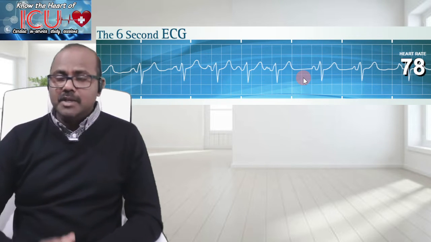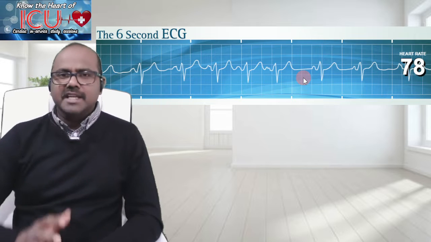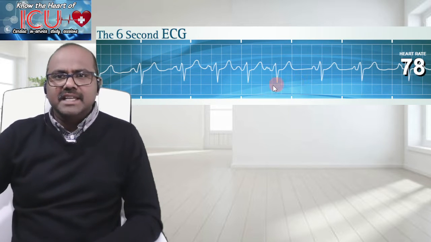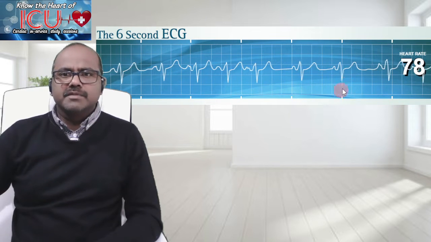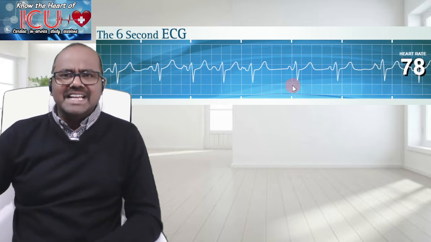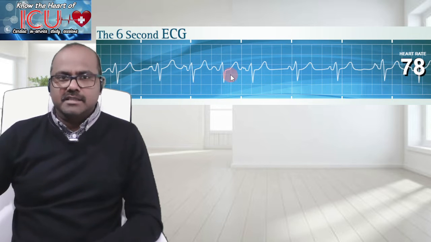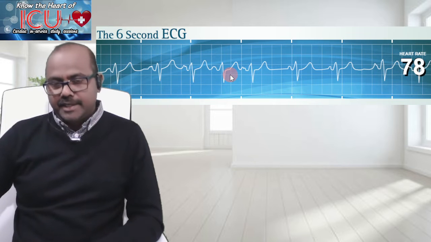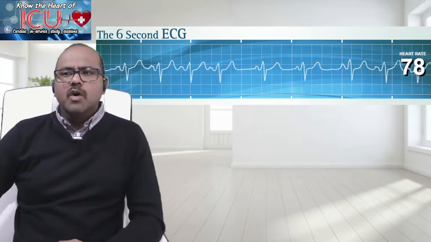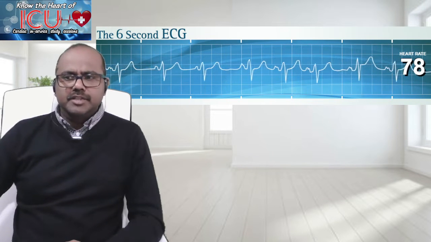The rate is normal and it's from the sinus, but you can see that it's irregular. See the interval between two R waves and see the interval between two R waves here. So that means it's irregular but sinus. Irregular sinus rhythms are called your sinus arrhythmia. So this is how we recognize the major rhythms.